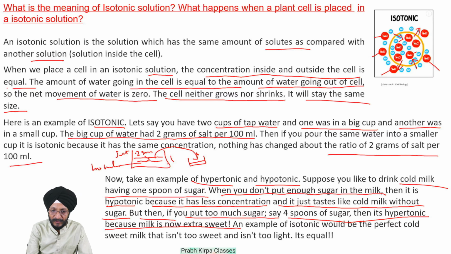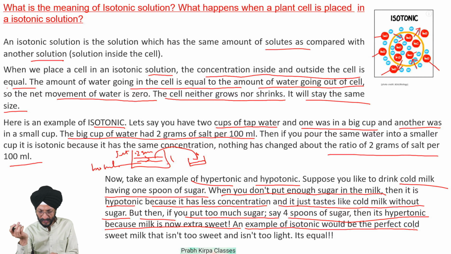So when you put only 1 spoon of sugar, when the cold milk is neither too sweet nor too light, but it is good, it is equal, then it is an example of isotonic solution. It is equal, the taste is good, equal, neither it is too sweet nor too light.